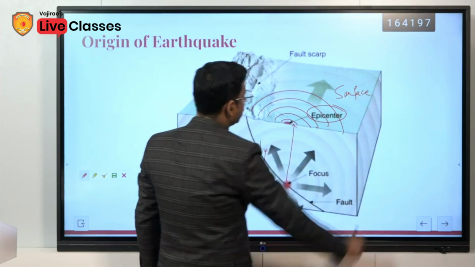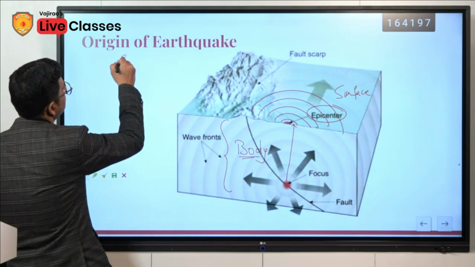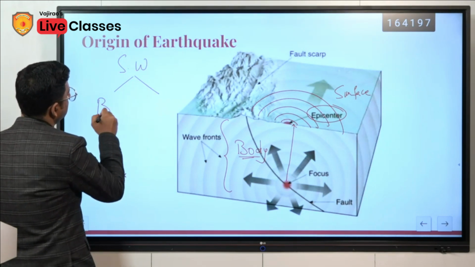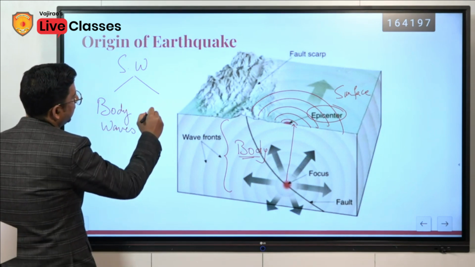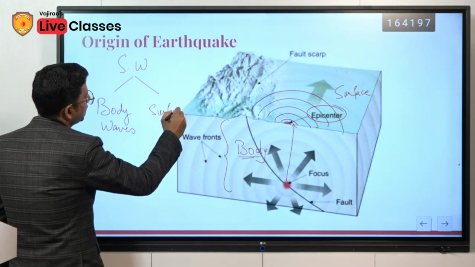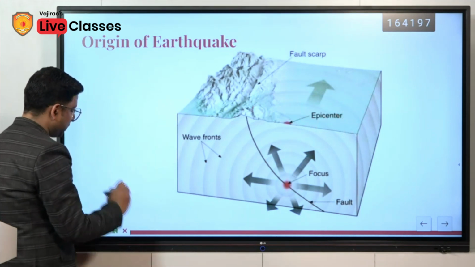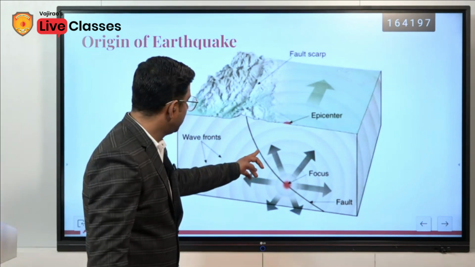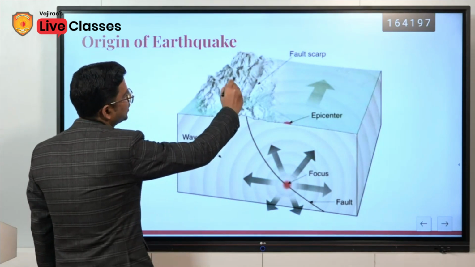So we come to know one thing, that seismic waves are of two types: body waves and surface waves. As the name suggests, body waves are inside the body, surface waves over the surface.